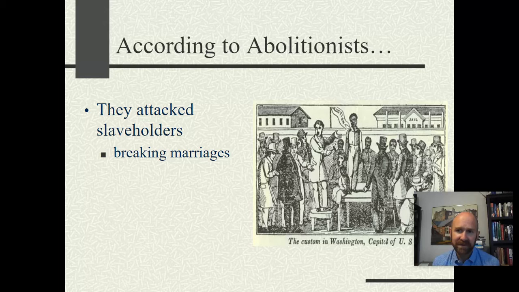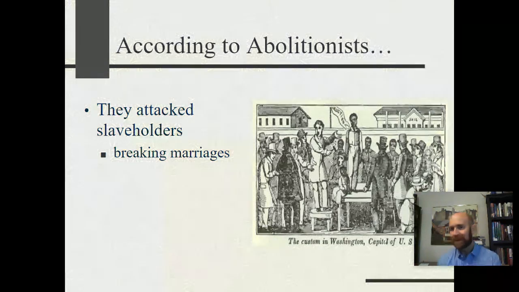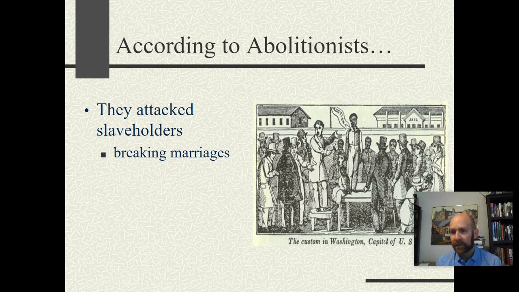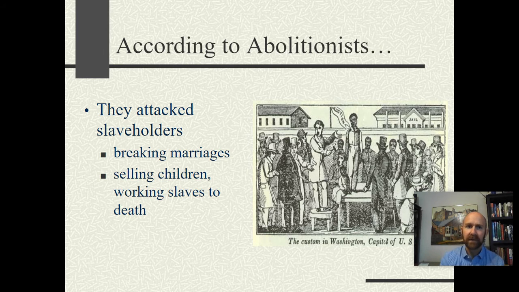Well, how do you stop that large group of slaves from revolting? Well, you don't just punish the people that are maybe willing to revolt, you punish the people they care about. So the more connections each slave has with somebody that they love, the more that these slave owners can manipulate that. And so even though these marriages get broken apart, they are at least semi-encouraged in the South. The idea of selling children to make a profit is abhorrent.